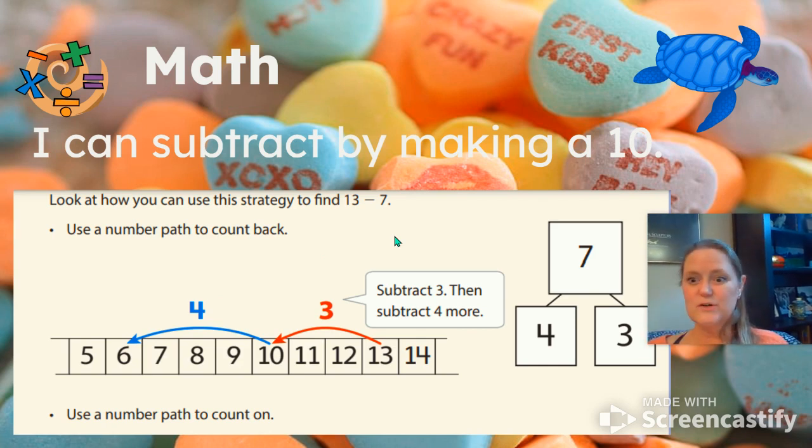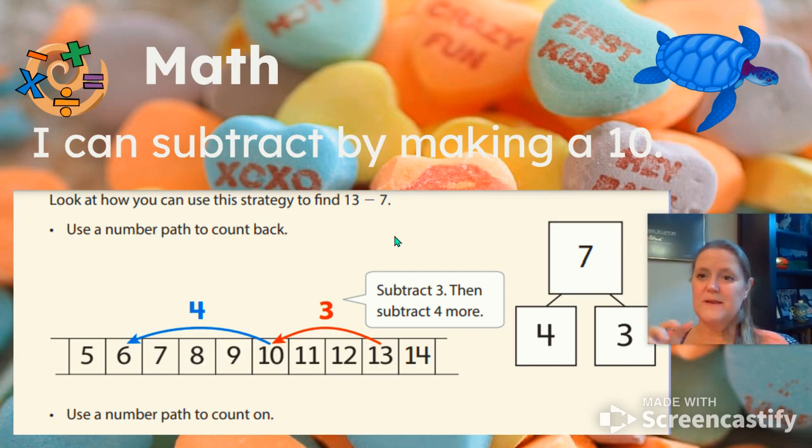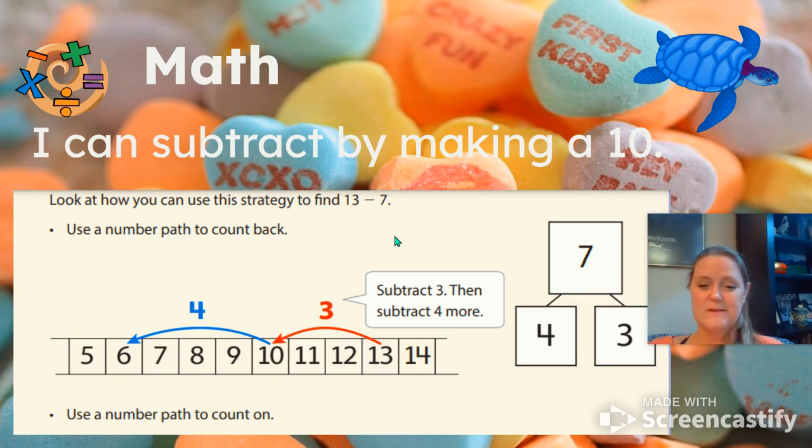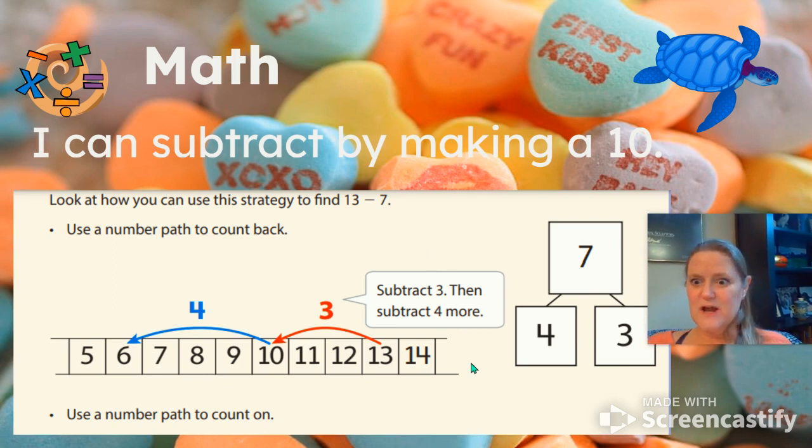I think a lot of us learned this way on our own. I was never taught this strategy at all in school, but I sort of do this one. I just think of a number line and count backwards, but I am chunking it into the different parts that make 10. So it's just another strategy that we're using with the kids to help them be more fluent in adding and subtracting.